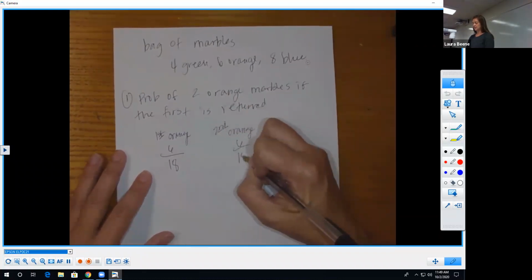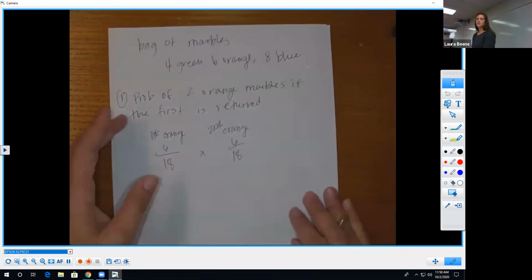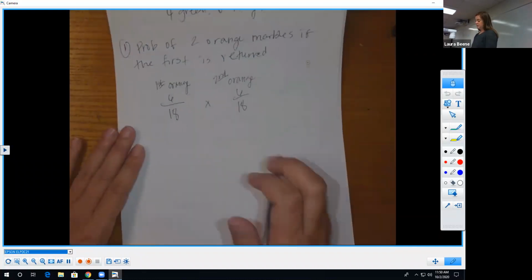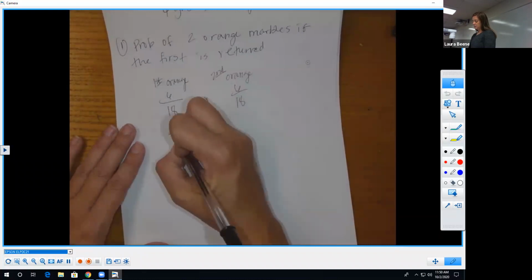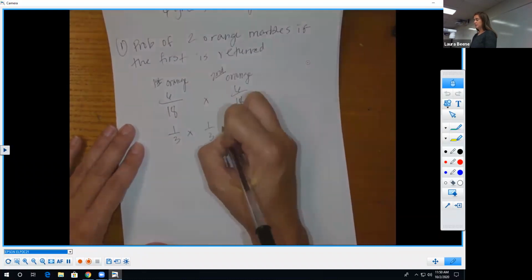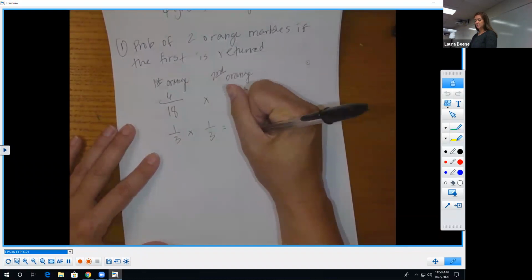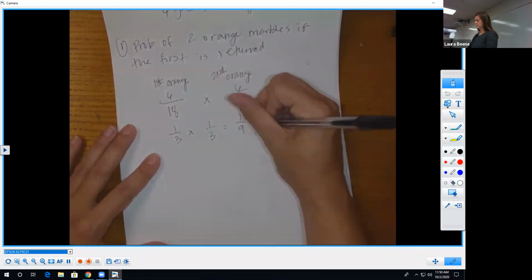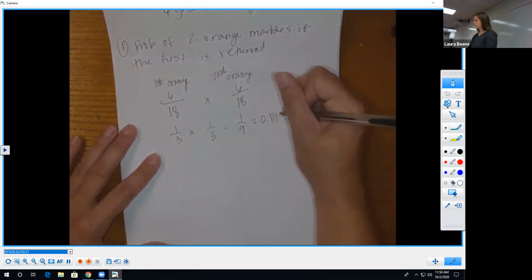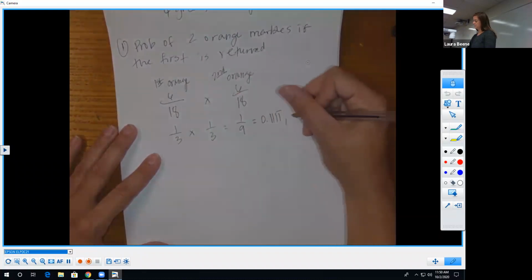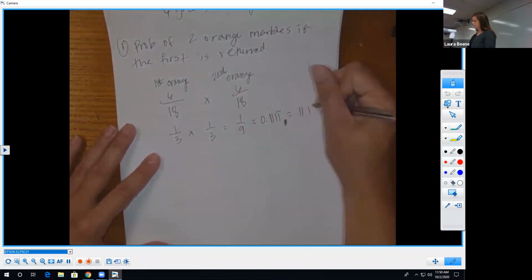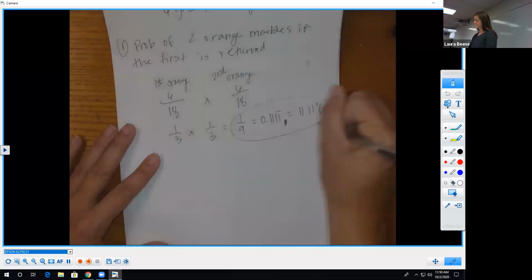It's still 6 out of 18. And we're going to multiply these together. Okay, let's reduce it first before we multiply. 6 over 18 reduces to 1/3 times 1/3 gives me a total of 1/9. And 1/9 is 0.1111 repeating as a decimal, which would be 11.11%.